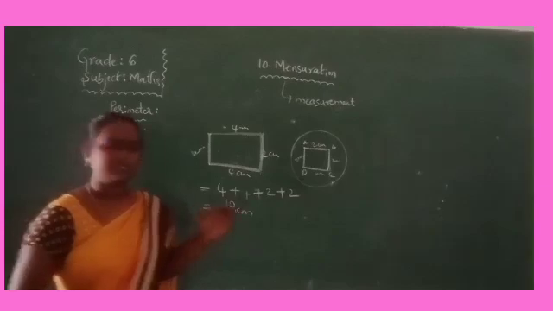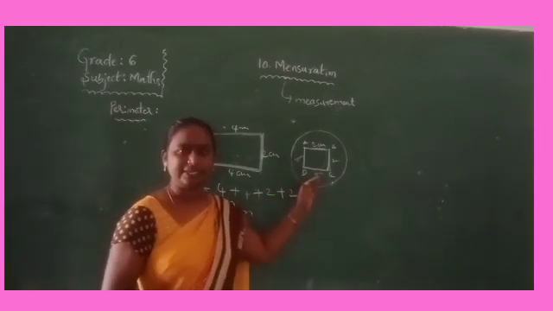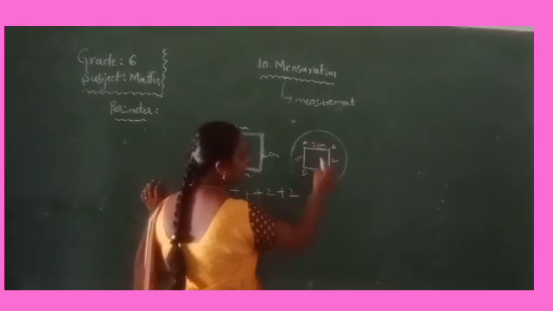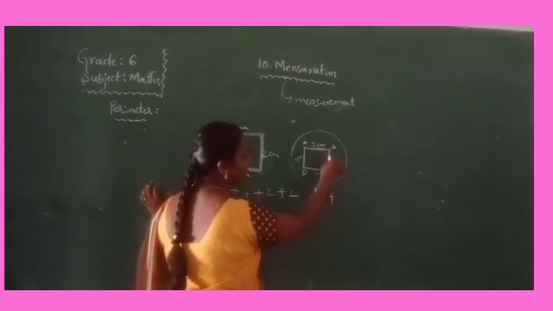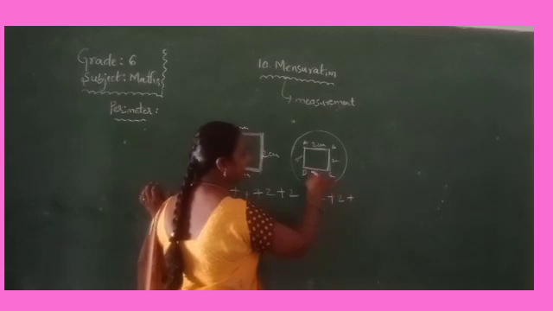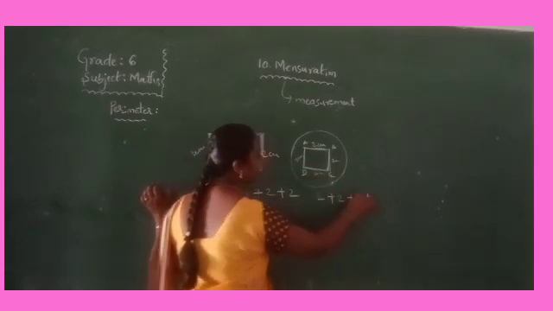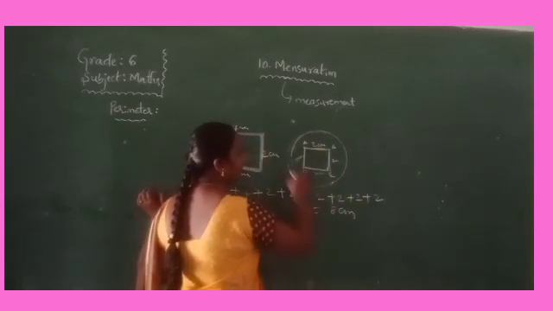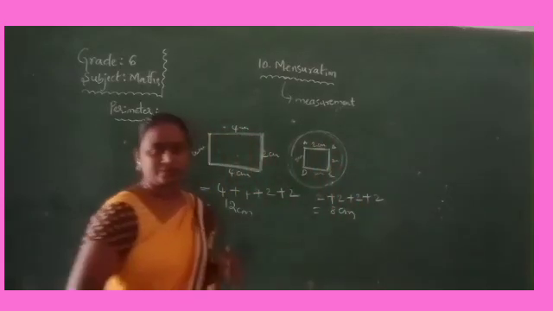Perimeter means sum of all sides, the total length. One side is 2 centimeters, another side is 2 centimeters, the third side is 2 centimeters, the fourth side is 2 centimeters. Then the total is 8 centimeters. This is the perimeter of a square.